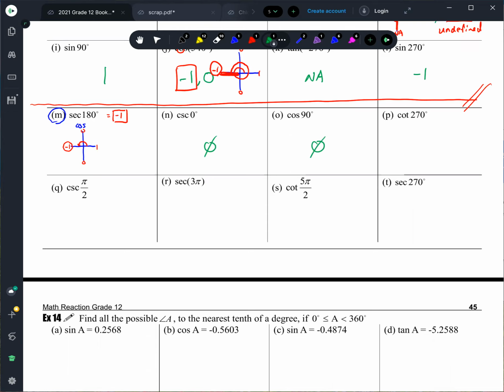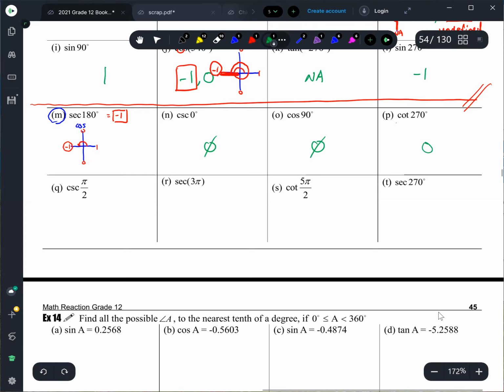And Jenny, cotangent 270. Is it cotangent or is it cosine? Question P, question P. Oh, sorry. Is it 0? Okay, yes, Evan, for question O, it's 0. It's not undefined. Question O is 0.